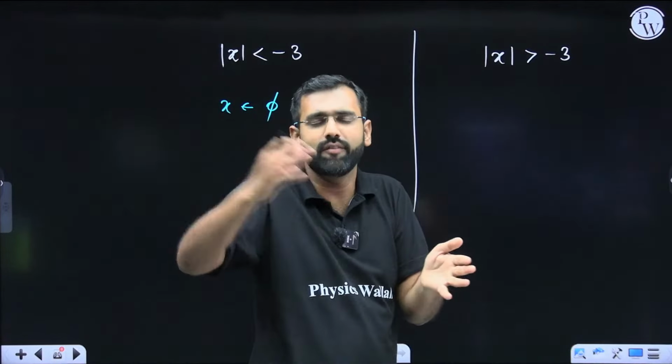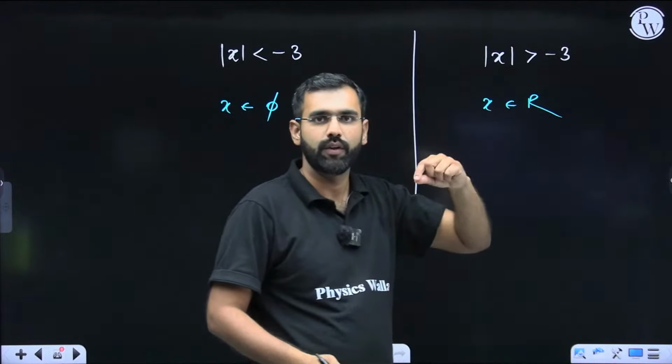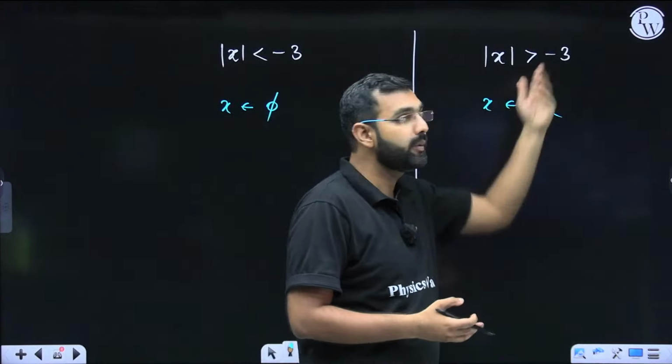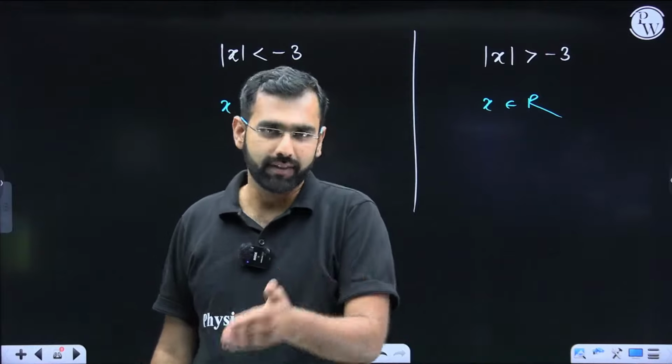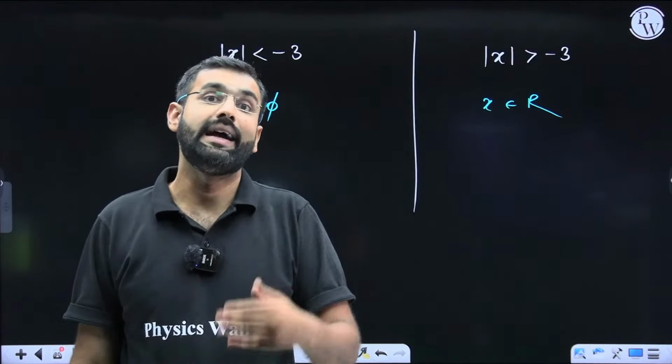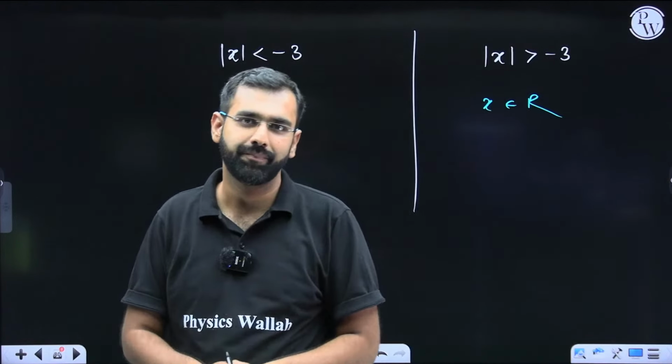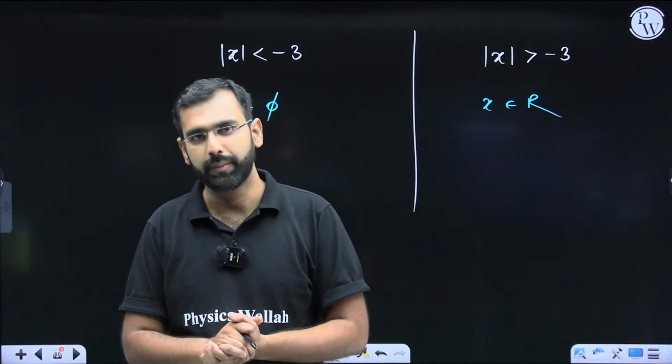Because modulus of all the real numbers lies from 0 to infinity. So will you not say that, sir, here the solution will be all the real numbers? Because all the real numbers, modulus is greater than 0. So eventually it is bound to be greater than minus 3. If a number is greater than 0 or equal to 0, it is definitely greater than minus 3. Did you get that part, all the participants?